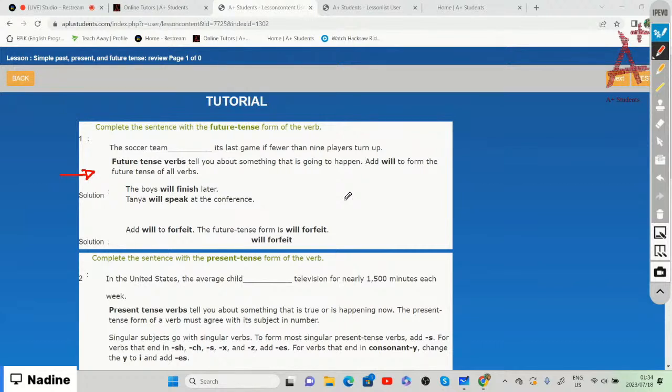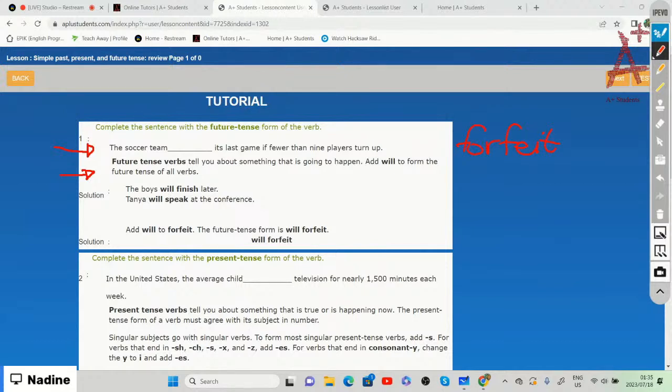If we look at the sentence over here, we need to complete the sentence with the future tense form of the verb. And remember, we said we add will in front of the verb. The soccer team, and the word is forfeit. So the soccer team forfeit its last game if fewer than 9 players turn up.